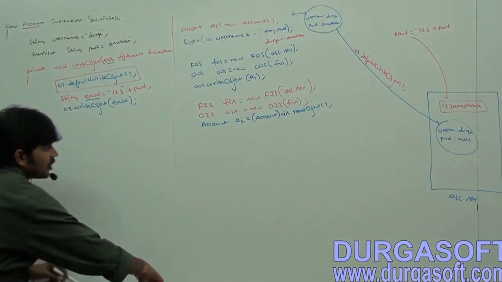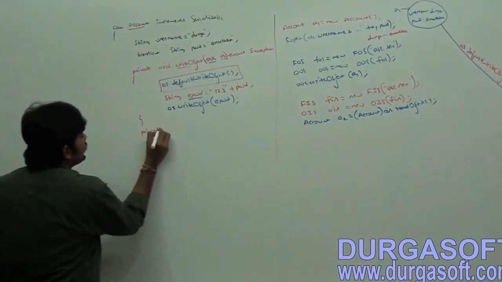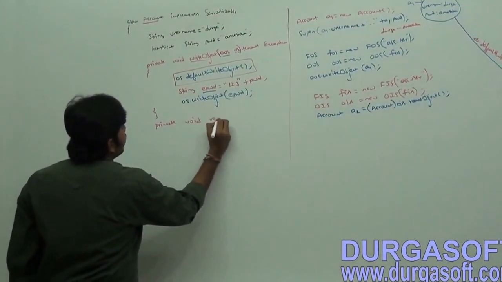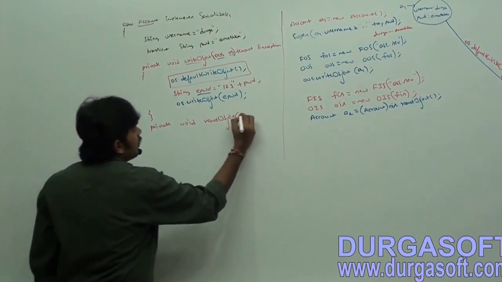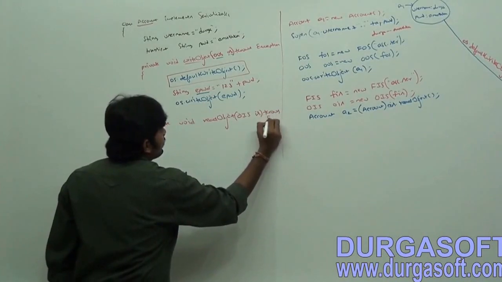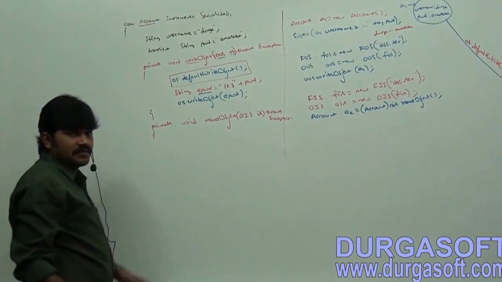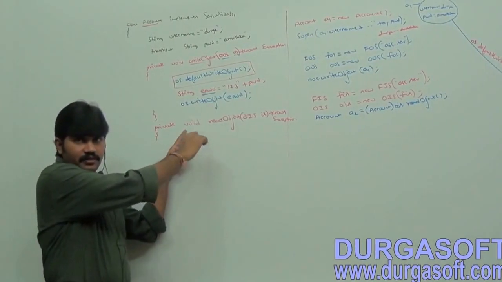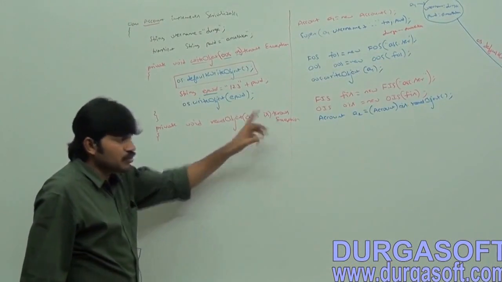Can I spell out the code? private void readObject(ObjectInputStream is) throws Exception. I hope it's visible, right?